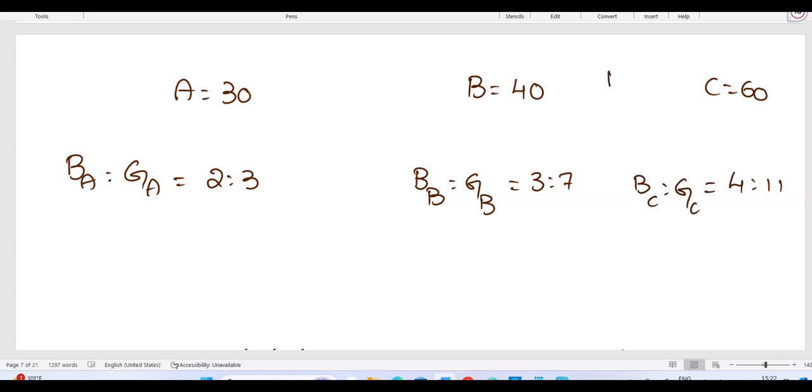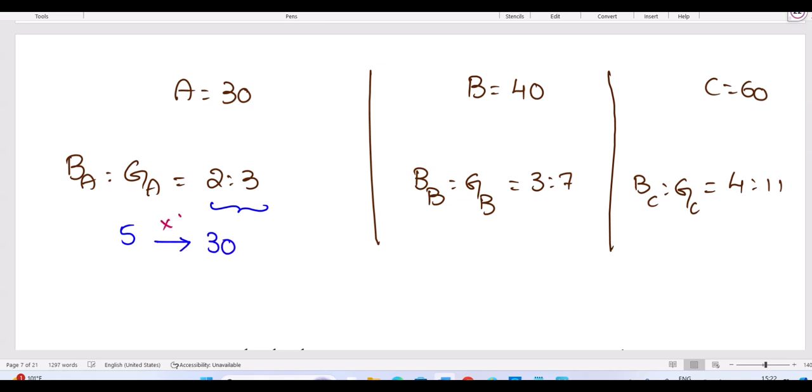Now listen, this will take time for people to find what is individual if you follow the traditional methods. Like, I can say 2K plus 3K, 5K equals 30 and all, but it's a waste of time. What can you do in the exam? What is 2 plus 3? 5. Boys plus girls should equal total classroom strength, that is 30. Now 5 and 30, the relationship is multiplied by 6. What is 2 into 6? 12. 3 into 6, 18.